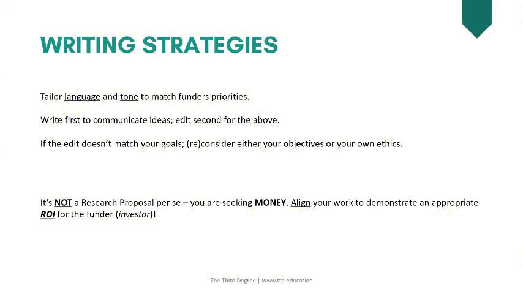And sometimes we will pull out of funding because we recognize that their expectations are different to what our goals for our own research are going to be. And at the end of the day, our ethics say, I don't want to change my research that much. I want to focus on what was important to me.